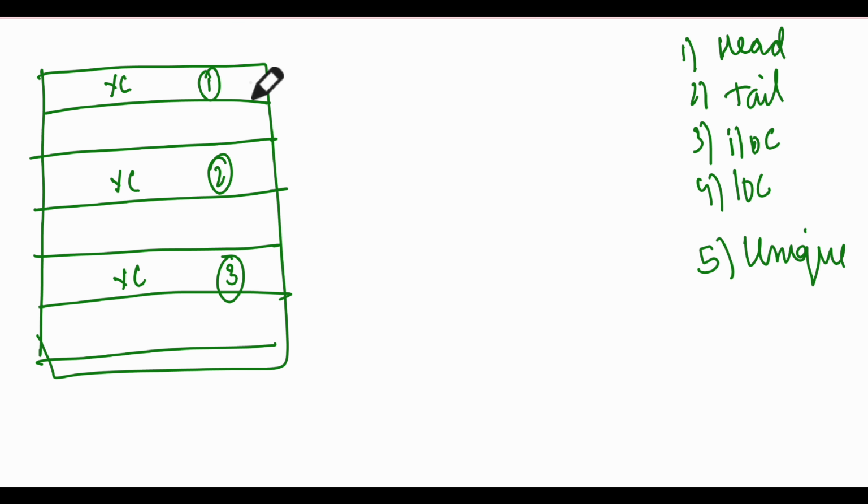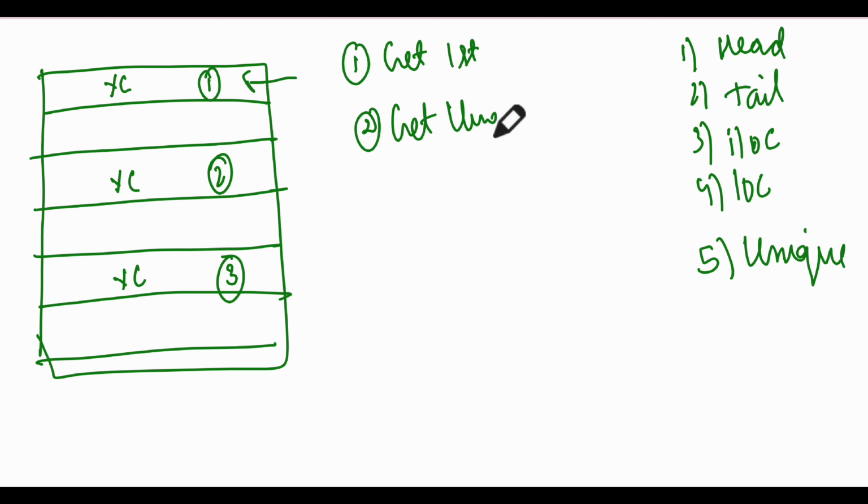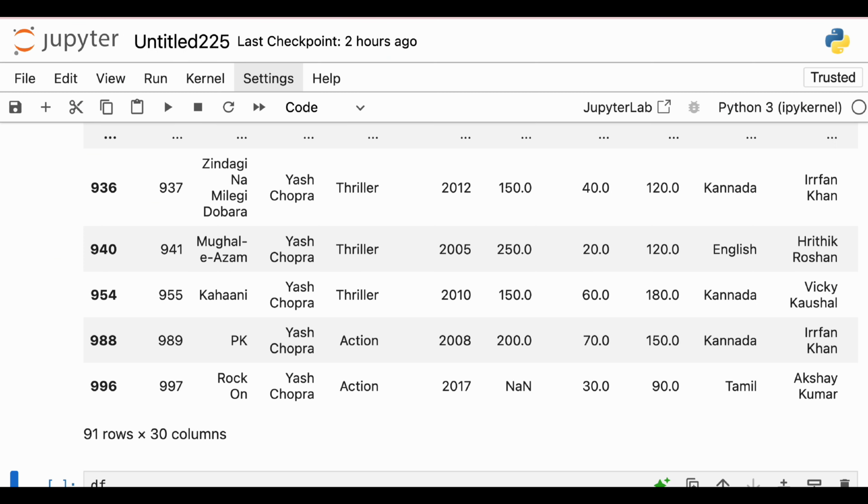First, get the first row, then get the unique values in it. Getting the first row is simple: iloc 0. Then I need to do dot unique. This is a method you need to remember.